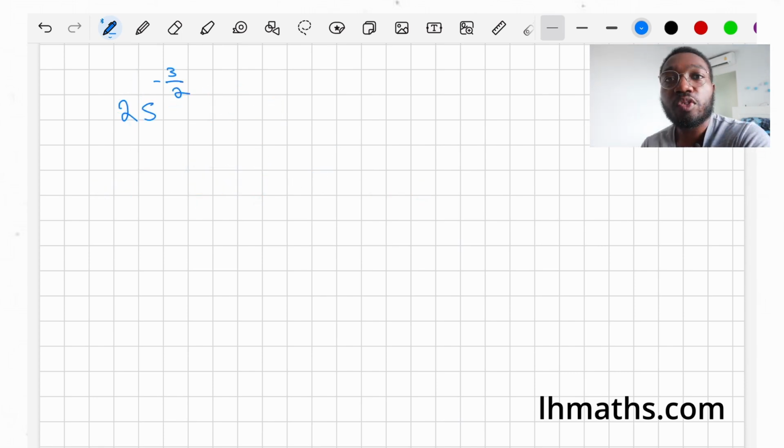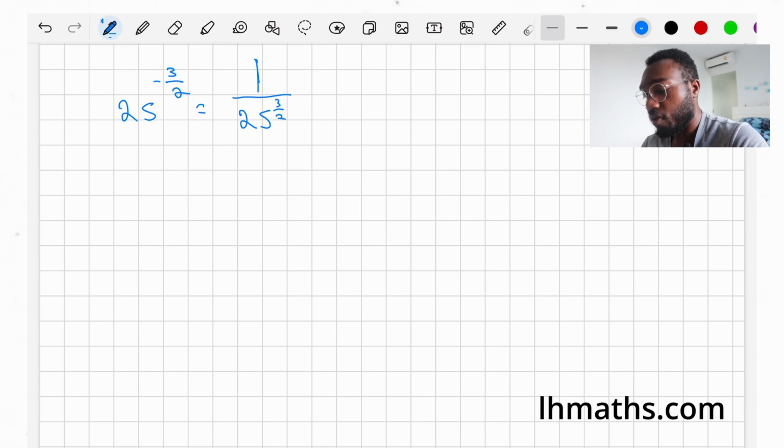343. So with this question, we have 25 to the power of minus 3 over 2. First things first, there are loads of ways you can do it. What I would do is get rid of the negative. To get rid of the negative, that would be 1 over 25 to the 3 over 2.